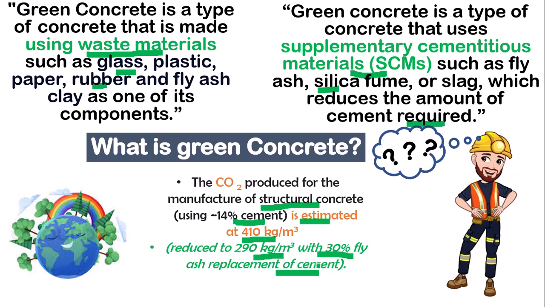As you can see over here, this study shows that it has reduced to 290 kg per cubic meter from 410 kg per cubic meter by using 30% fly ash. It means that you have reduced the weight of cement by 30%. As a result, the carbon emission has also reduced.